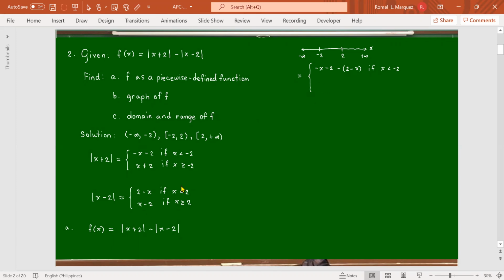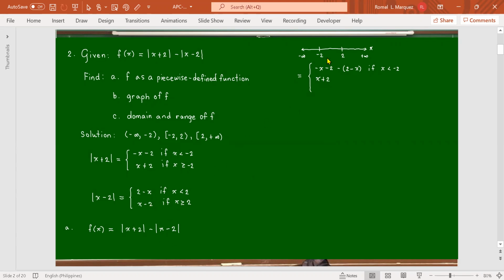So the middle expression defining this f is what? For the first absolute value, if x is between negative 2 and 2, all numbers between negative 2 and 2 are greater than negative 2, right? So I'm going to use x plus 2. What about the second absolute value?